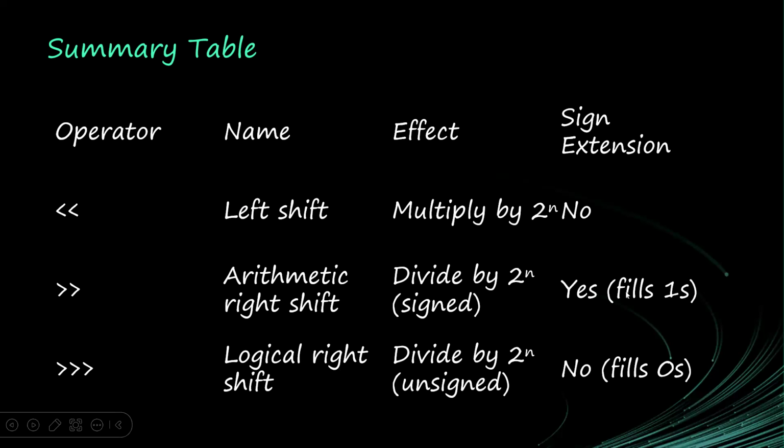So it will fill in with 1 if the number is negative, and fill in with 0 if the number is positive. The logical right shift, which has 3 arrows pointing towards the right, still divides by 2 raised to power n, but it doesn't care about the sign extension.